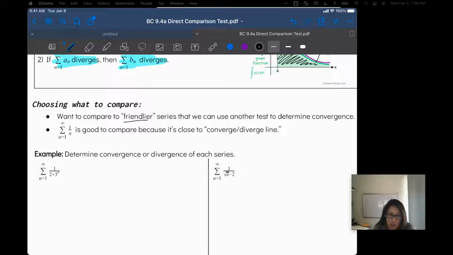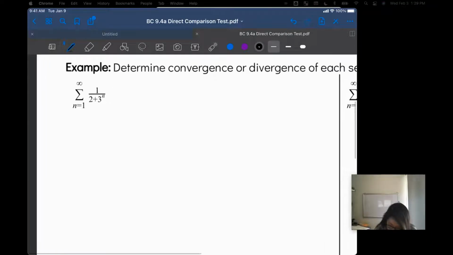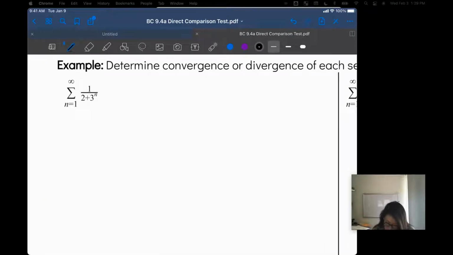Okay, so we're going to determine the convergence or divergence of each series. I have the sum from n equals 1 to infinity of 1 over 2 plus 3 to the n. That's a little more complicated, but I think I can compare to 1 over 3 to the n.